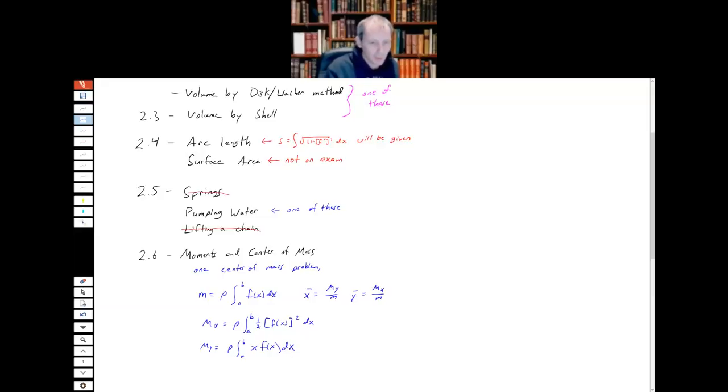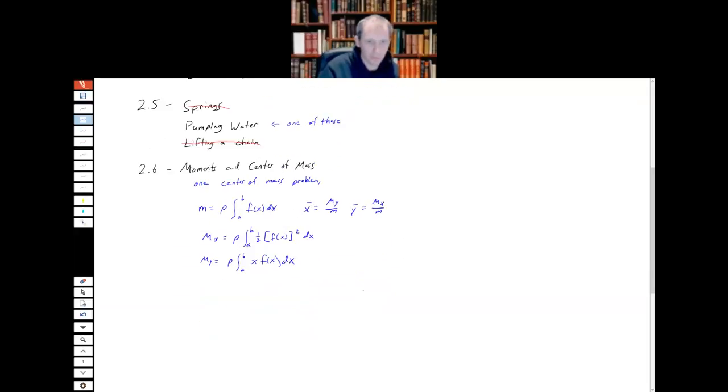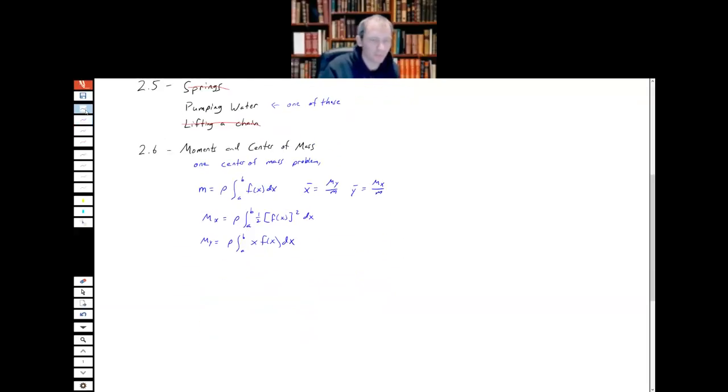So you don't have to remember all the nitty gritty details here, but you have to know how to set it up and evaluate an integral. That one I think is usually a little bit more straightforward, right? If you've practiced some, you know how to set it up. They're typically not as tricky as the integrals that you can get with arc length.